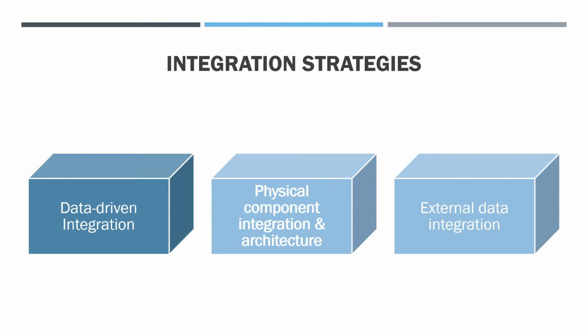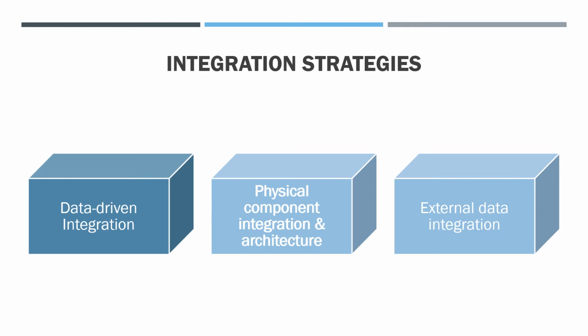Okay, there are two steps in the process that need to be implemented in big data processing. The first step is data-driven integration. We need this data-driven architecture that will include analysis and design of data processing.